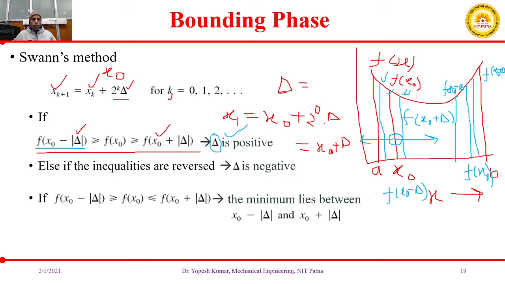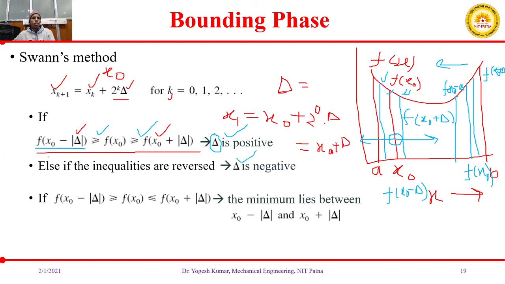Here we can see the inequality signs will be reversed, because this time fx0 minus delta will be less than or equal to fx0, which is less than or equal to fx0 plus delta. So in that case you have to move to the left side, therefore delta has to be negative.